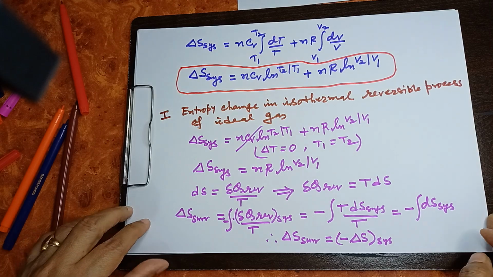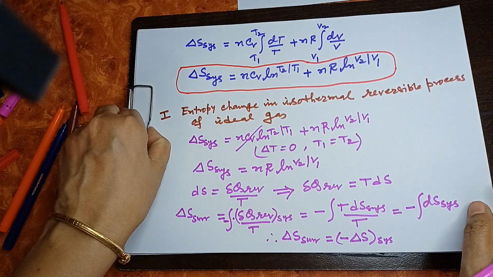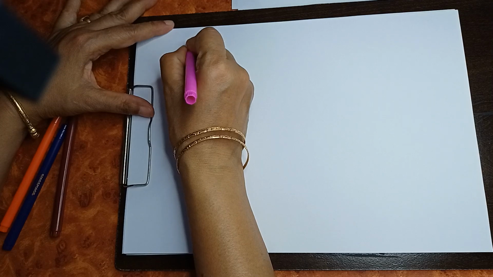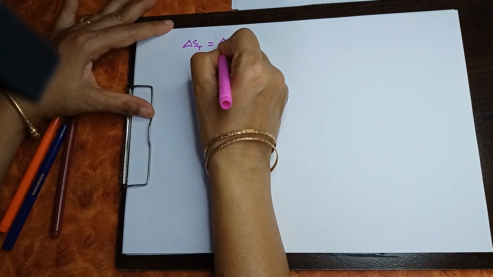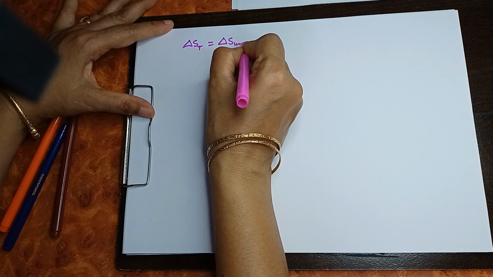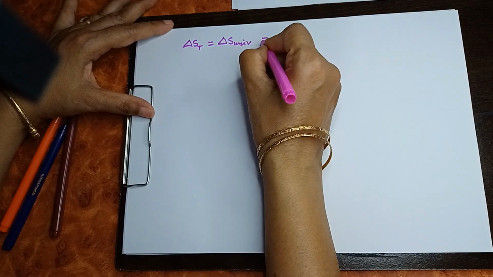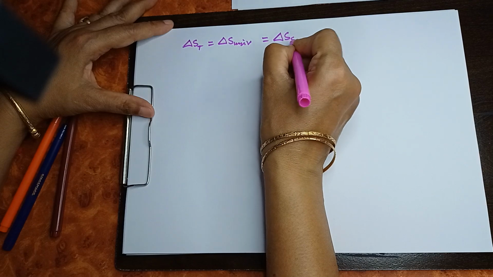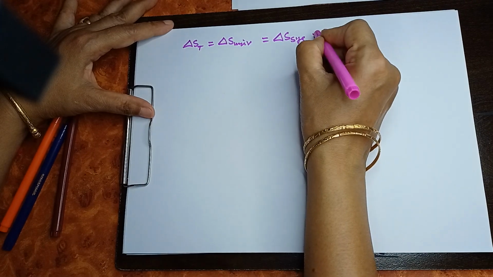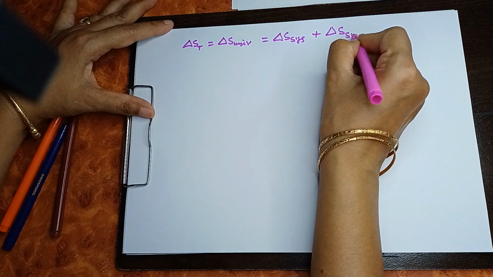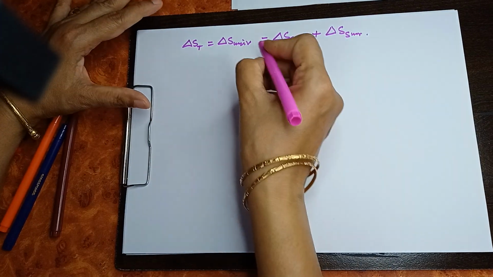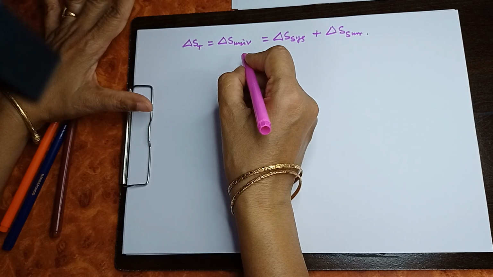Therefore, this overall entropy change of system and surrounding, that is delta S total, which we call delta S universe, is equal to delta S system plus delta S surroundings, right? Now delta S system, how much?